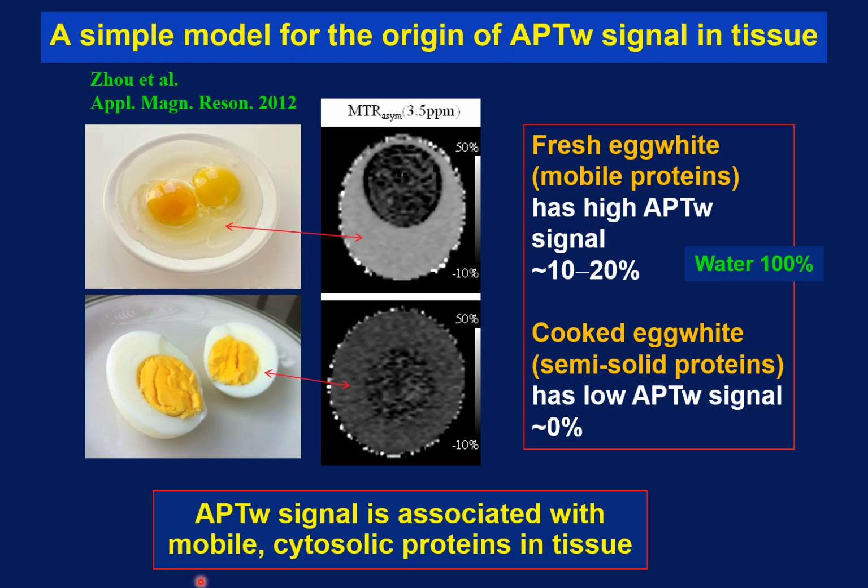When you cook the egg white, it becomes solid, and the APT signal is almost 0. So the APT signal is associated with mobile cytosolic proteins and peptides.